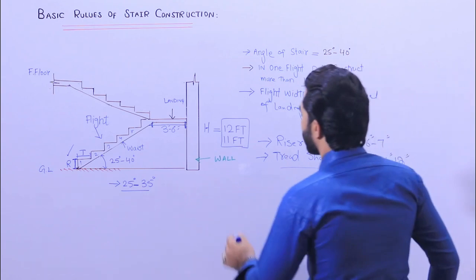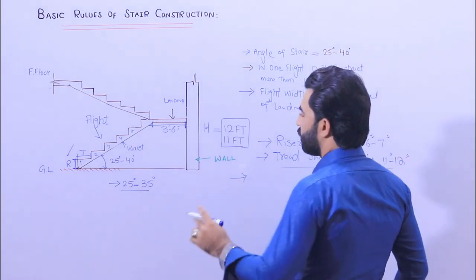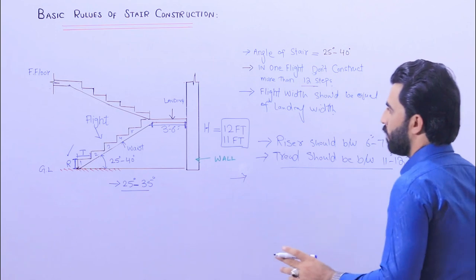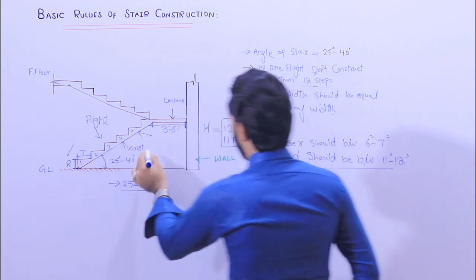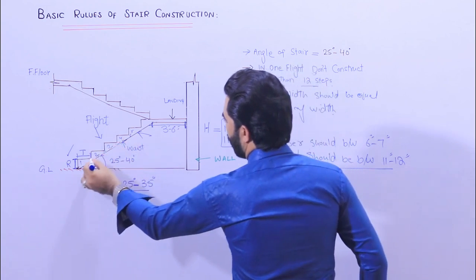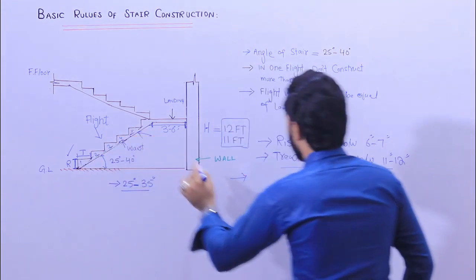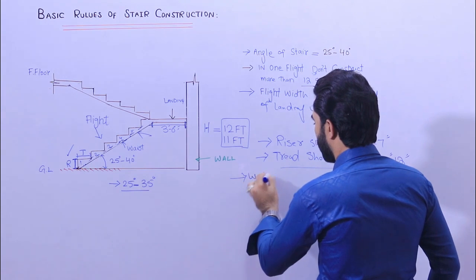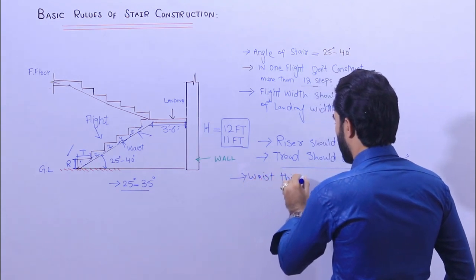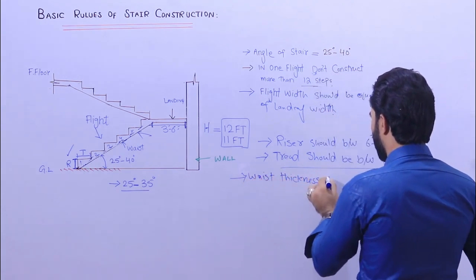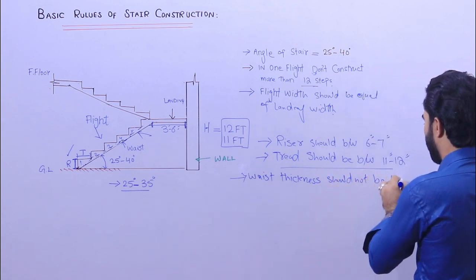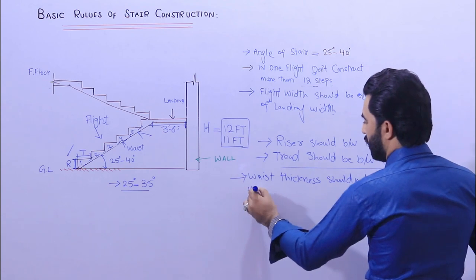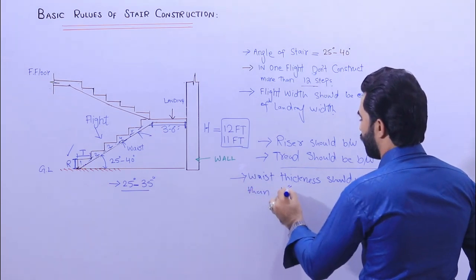Next guys, remember one thing more. In a staircase, the waist, where we have the concrete, the waist thickness should not be less than 4 inches.